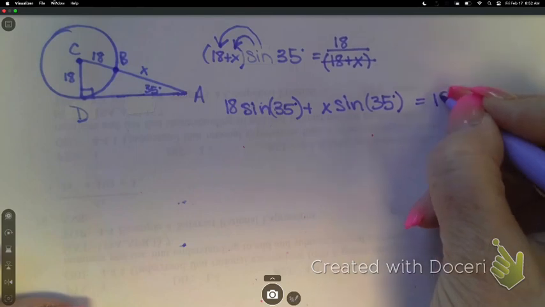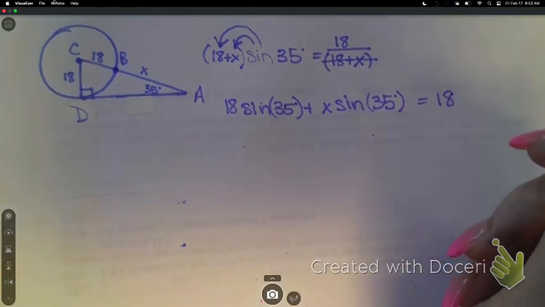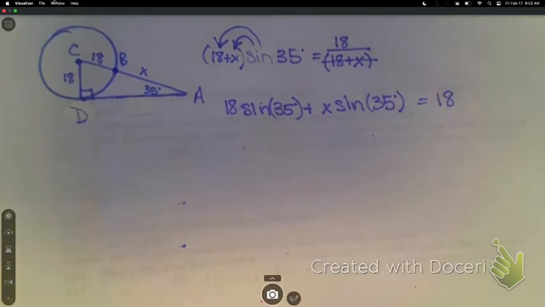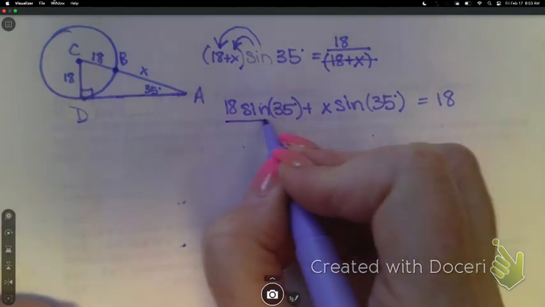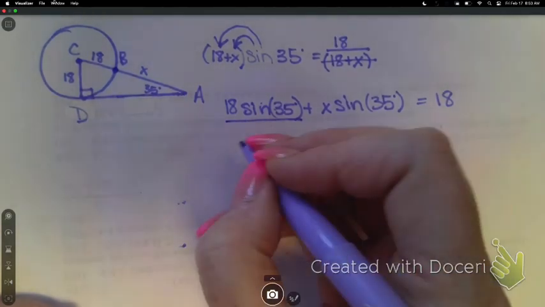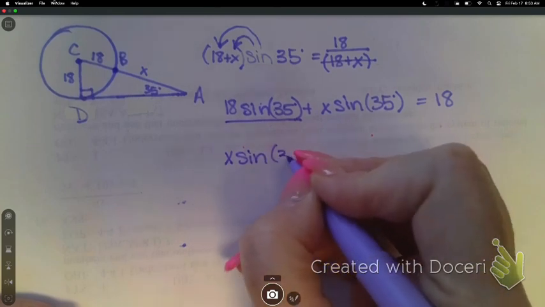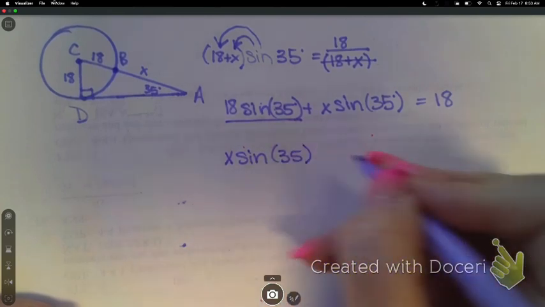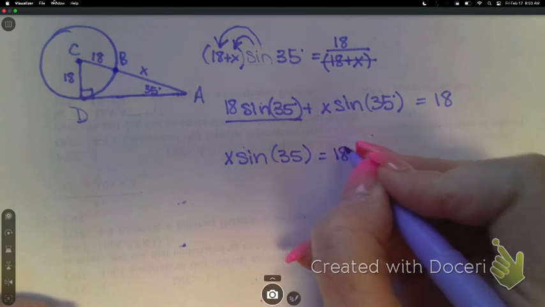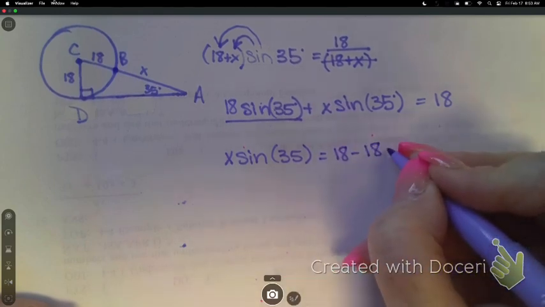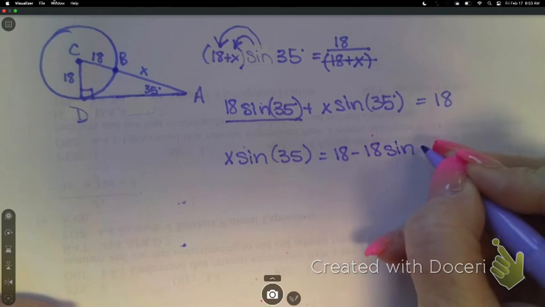equals 18. Do not get hung up on how big or whatever. Just focus on what I am solving for: x. I need to get x all alone, so I start by subtracting this. So I have x sine of 35 equals 18 minus 18 sine of 35.